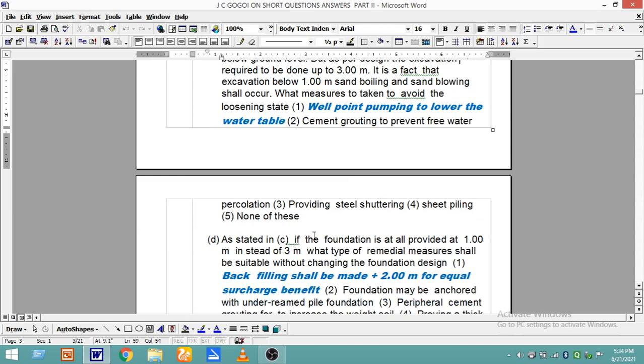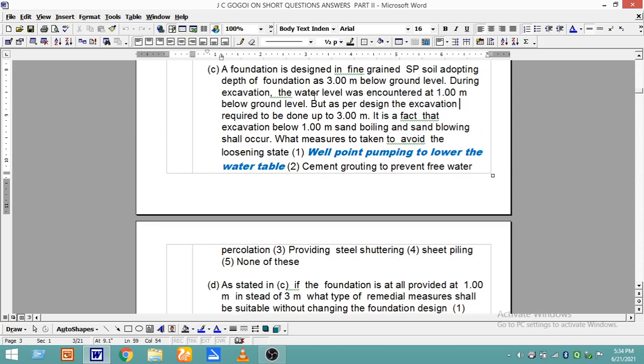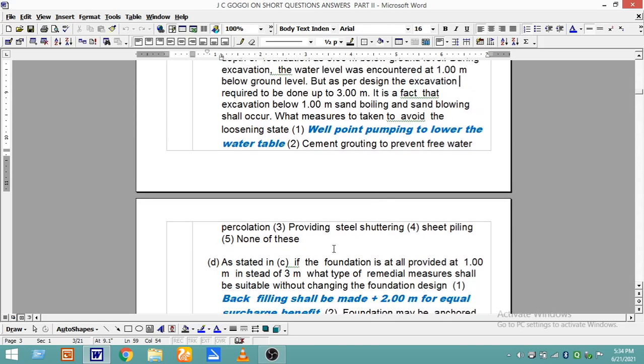As stated in this question, if the foundation is at all provided at 1 meter instead of 3 meter, what type of remedial measures shall be suitable without changing the foundation design?